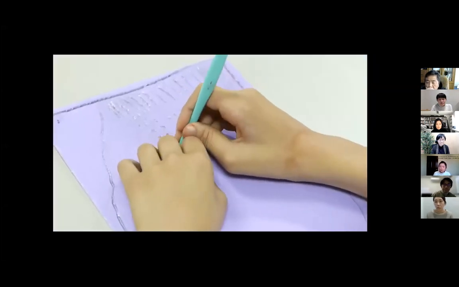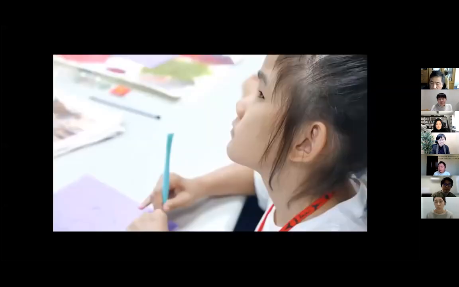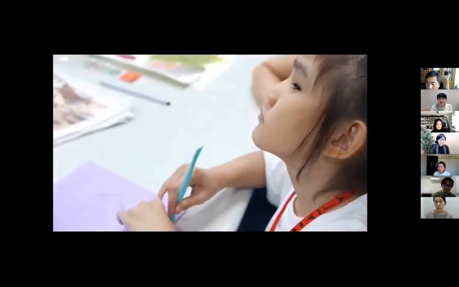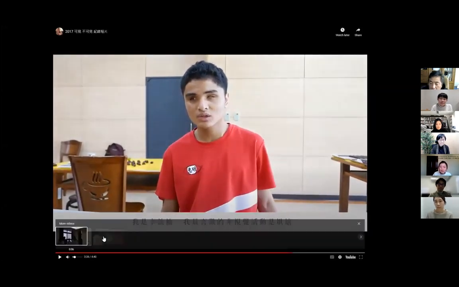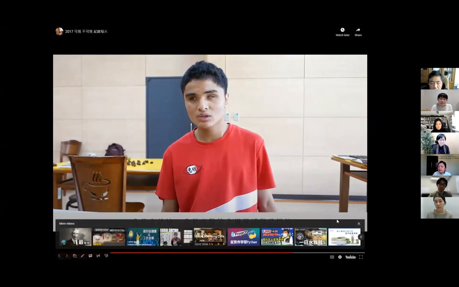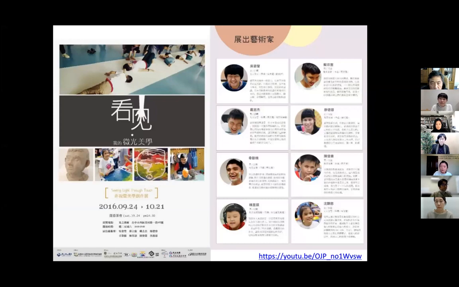So we teach multi-sensory and diverse media and materials, and try different sizes and different experiments.